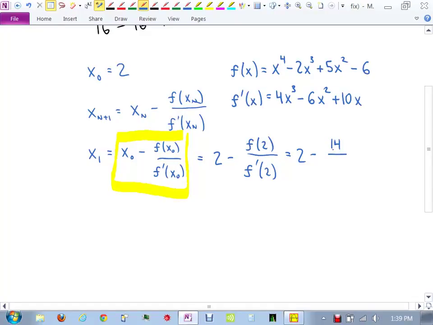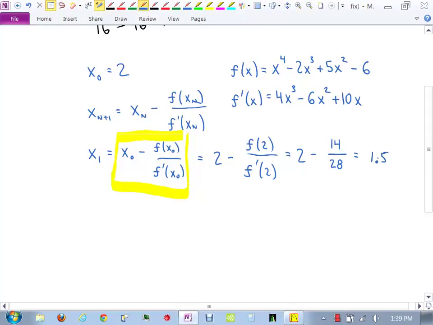Now plug 2 into the derivative. 2 cubed is 8, 32. 32 minus 24 plus 20, 28. Hey, isn't that exactly 2.5? Oh wait, not 2.5, 1.5.